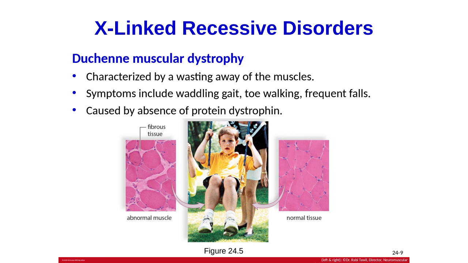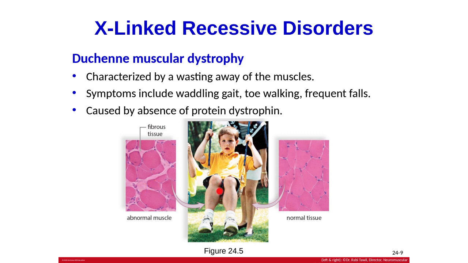And so what happens is that calcium leaks into muscle cells, skeletal muscle cells, and these muscle cells then die. And the muscle cells are then replaced with fibrous tissue. So you can see that here. Over here, there's muscle that's been replaced by fibrous tissue. The fibrous tissue, of course, is not able to contract. It doesn't really help the muscle.